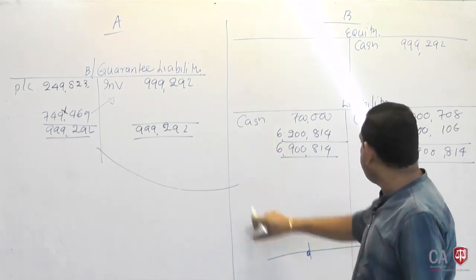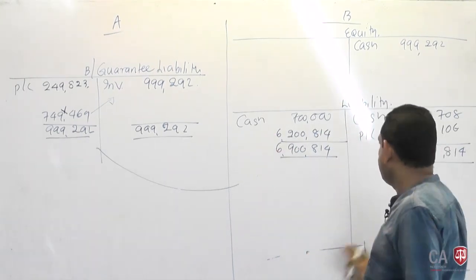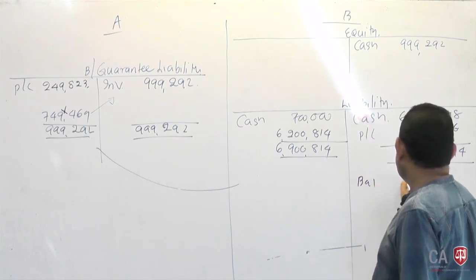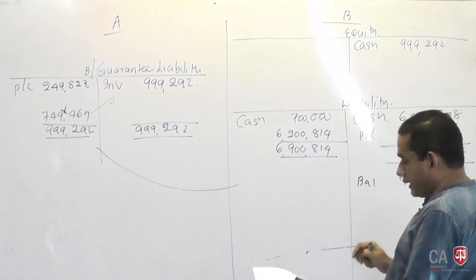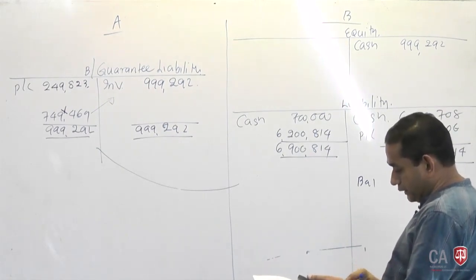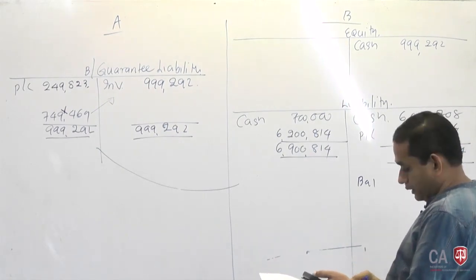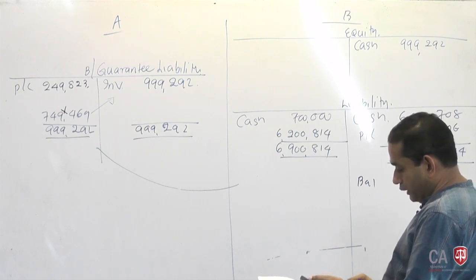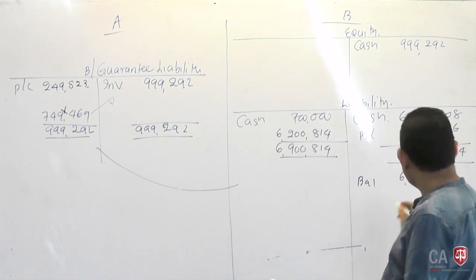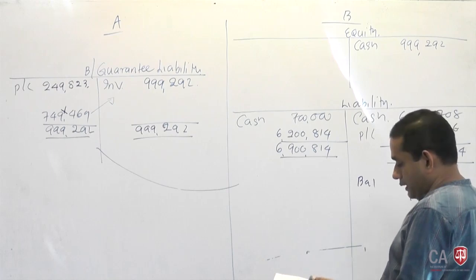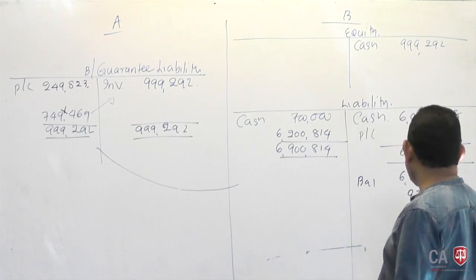Then we will get on with the second year. We will recognize interest to the second year, 6,200,000, 814 into 15%, 930,122.